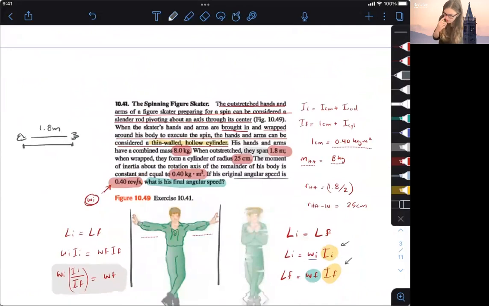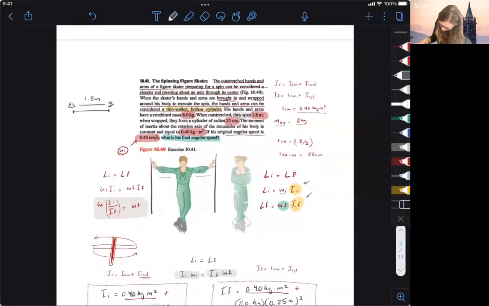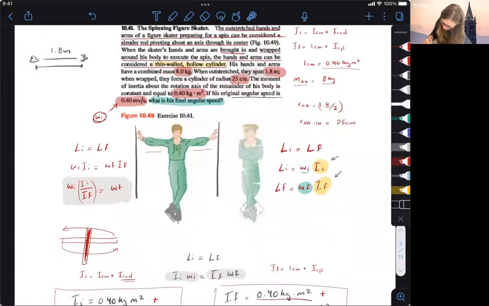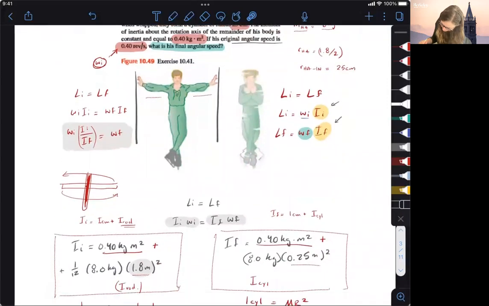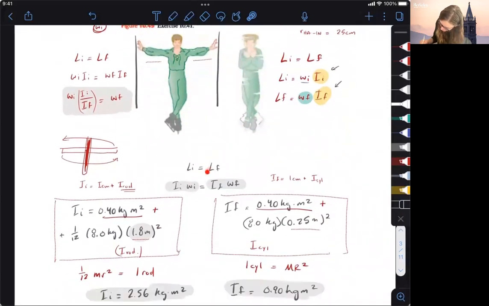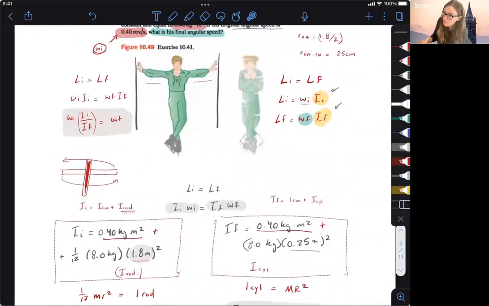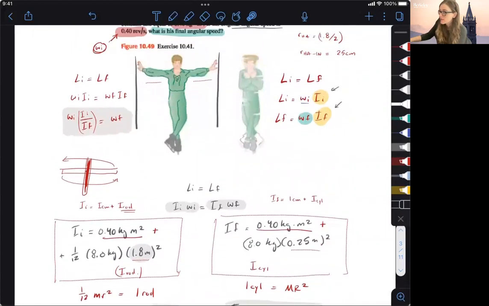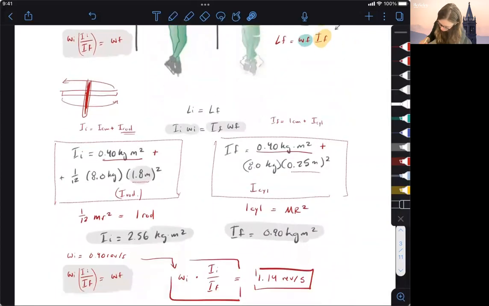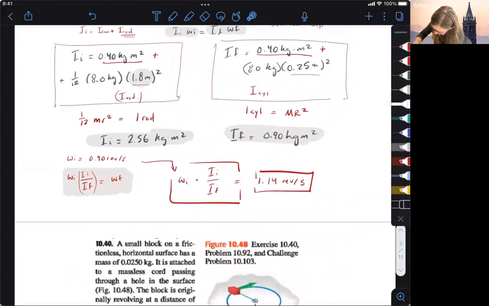But anyways, okay, so the takeaway for this one, we have the initial angular momentum is just equal to the final because it's conserved. There's nothing that's taking energy away or momentum away. And we are just converting it, right? And we're going to end up with this increase in kinetic energy, right? Because we know that kinetic energy is equal to I times W squared, right?